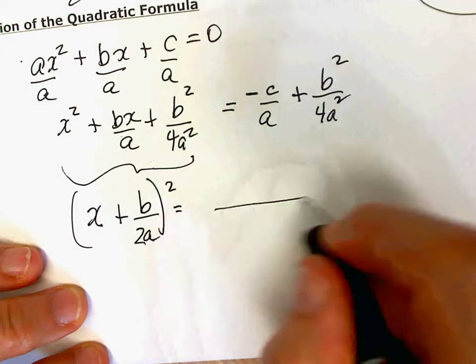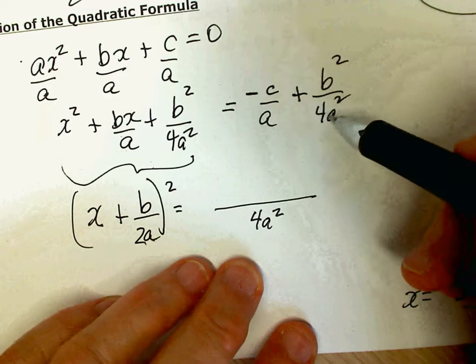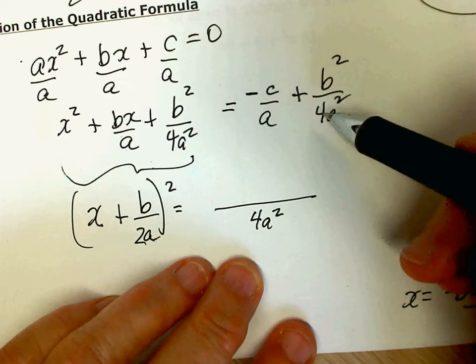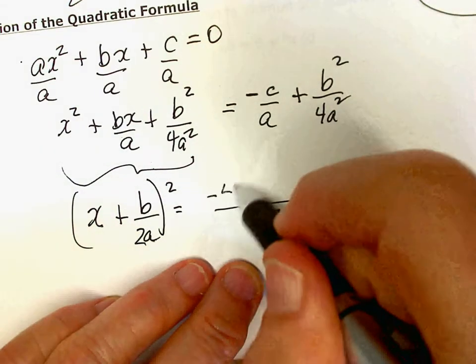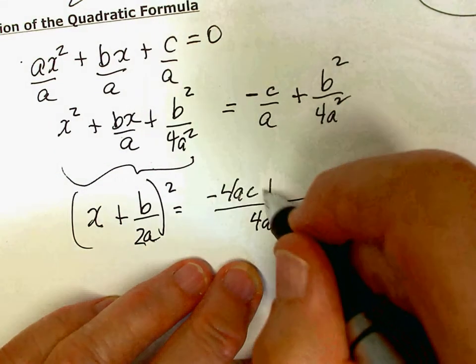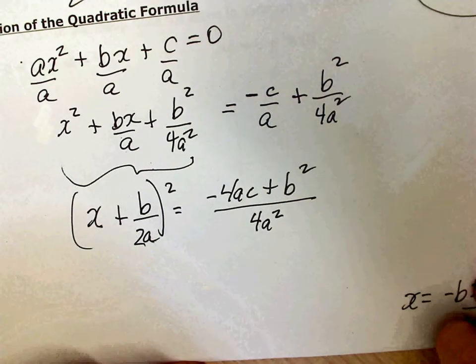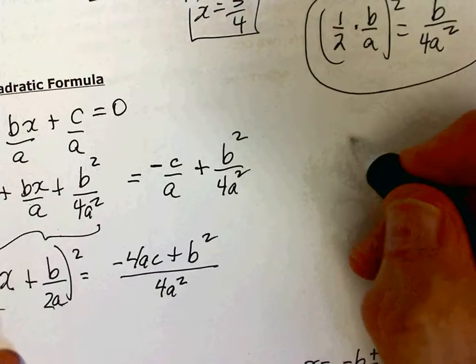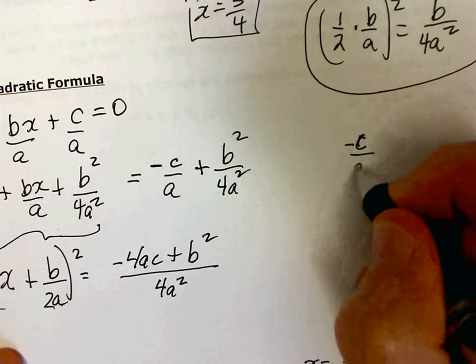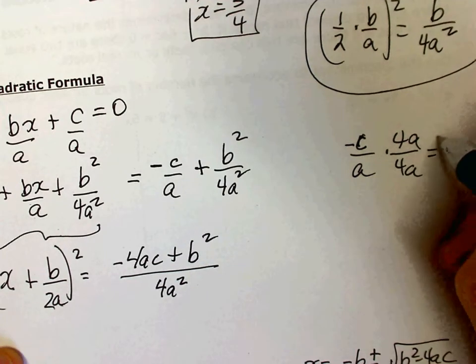So I need to multiply this guy by 4a. So this is negative 4ac plus b squared, or b squared minus 4ac. Right? I had to go negative c over a times 4a over 4a. That equals negative 4ac over 4a squared.